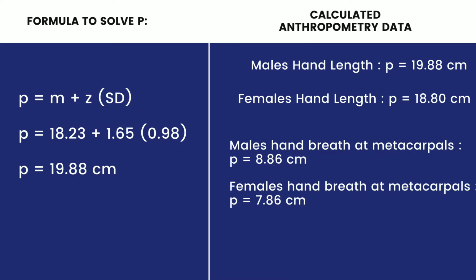When calculating this part of the hand, we divided the calculation into male and female. The following is the formula for calculating anthropometry. To allow 95% of the people to use this product, we took from the Z-score table Z equal to 1.65.